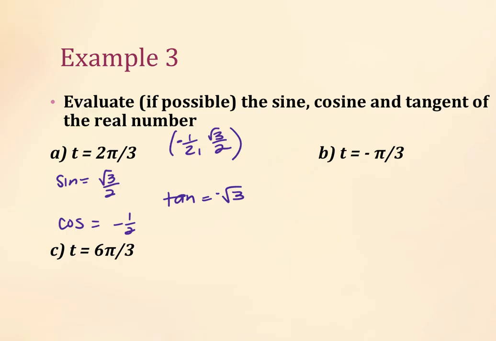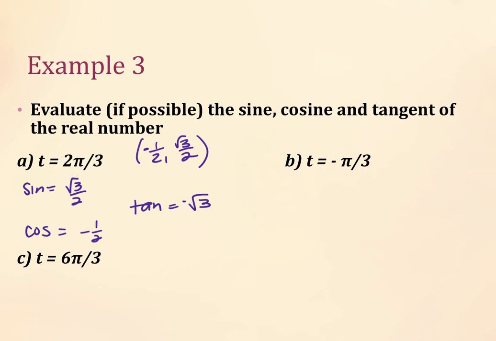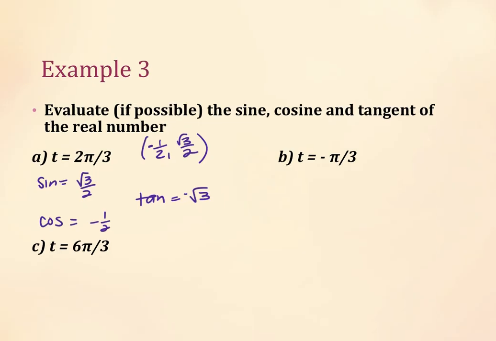Where is negative pi over 3? We talked about last week that there's 2 ways to do negatives, right? Either go clockwise, or figure out where that angle is normally and fold it like a hamburger. So where does pi over 3 typically live? In the first quadrant. So if I fold it like a hamburger, that's where it's negative.